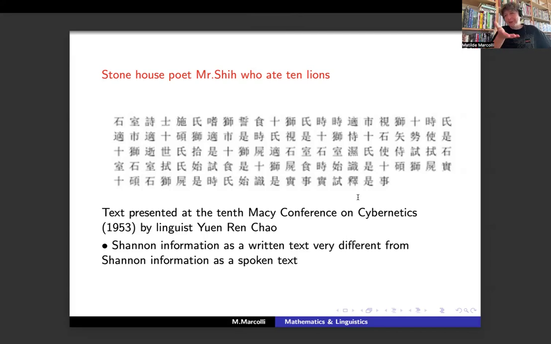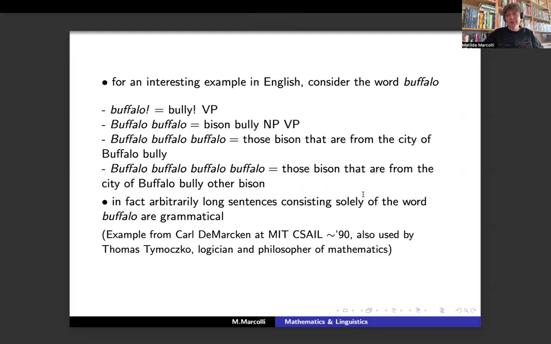So it's the same syllable with different tones. Of course, this example works because a language like Mandarin has a very many-to-one function from the written characters to the pronunciation, and so you can get this enormous drop in Shannon entropy by going from one to the other.